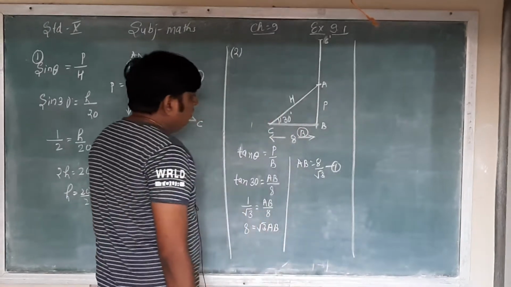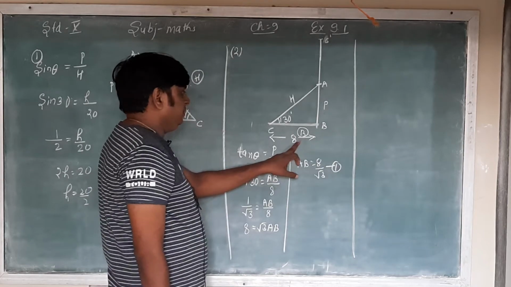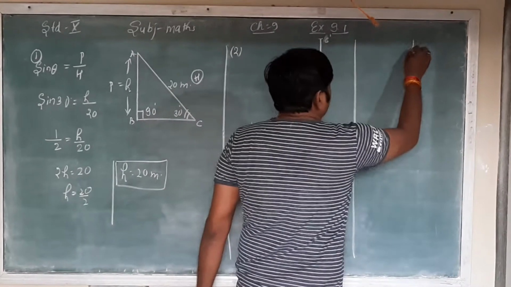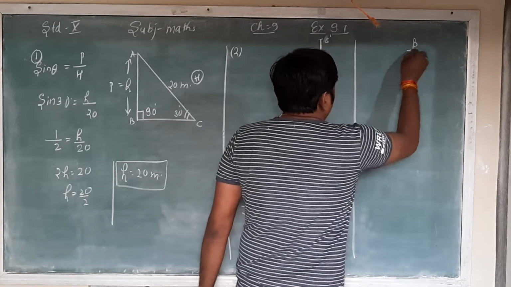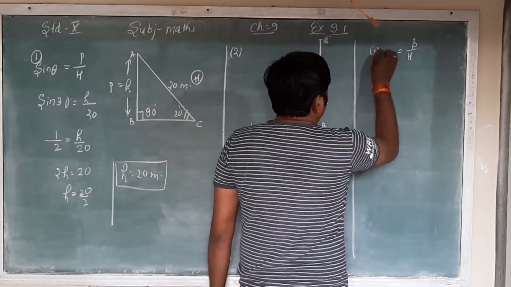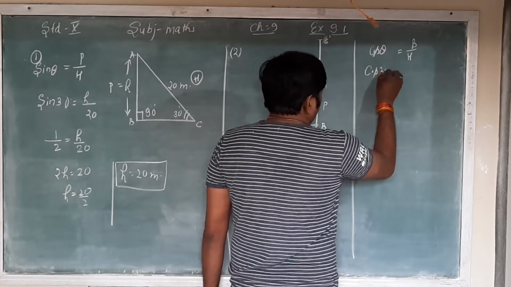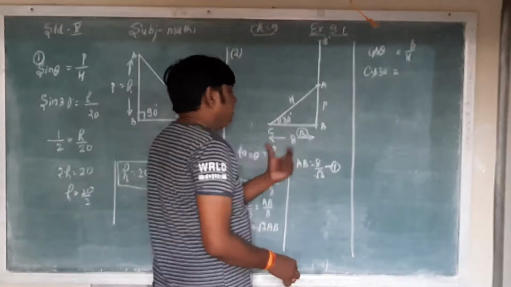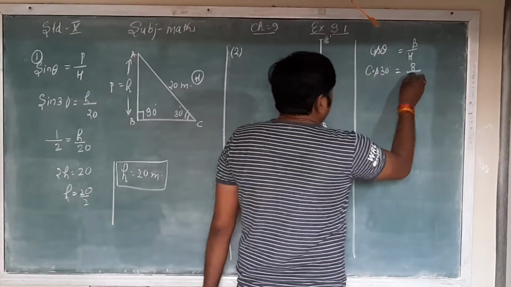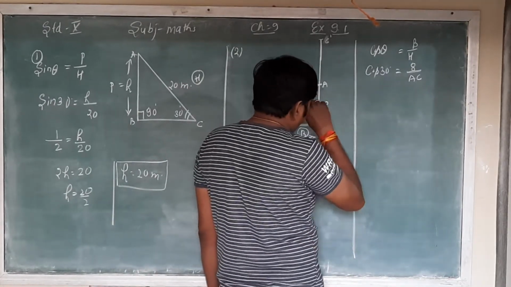Now we find AC. Which formula do we use? We know the base and want the hypotenuse, so base upon hypotenuse is cos theta, here cos 30 degrees. The base is 8 and the hypotenuse, which we need to find, is AC.